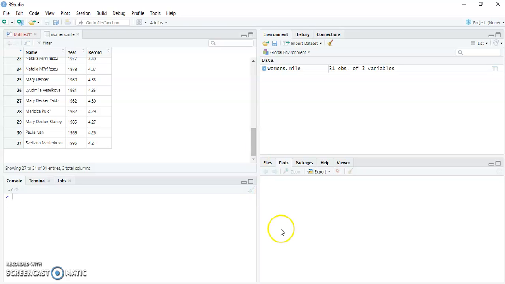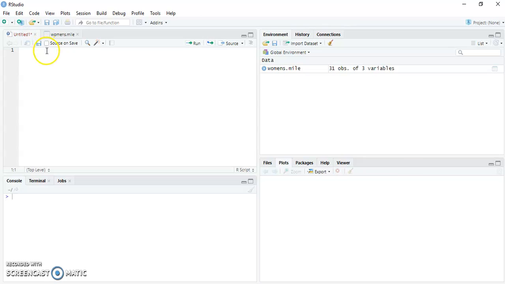4 minutes. I want to take a look at this data, and to do that, I'm going to make a plot. My independent variable, the x, I'm going to make the year. For the y, the dependent variable, I'm just going to set that as the world record.